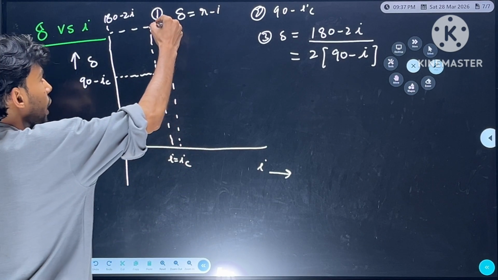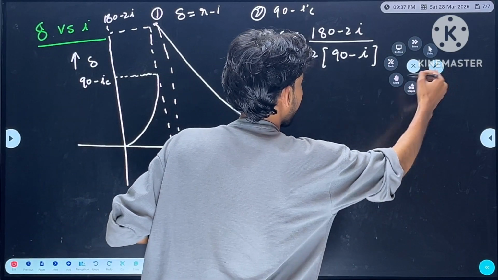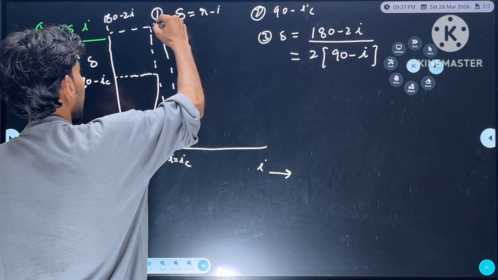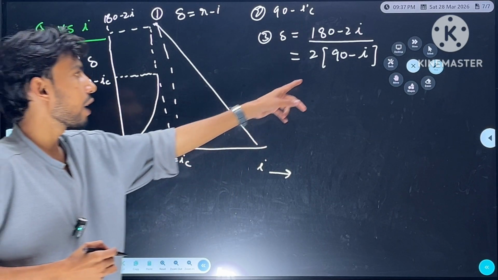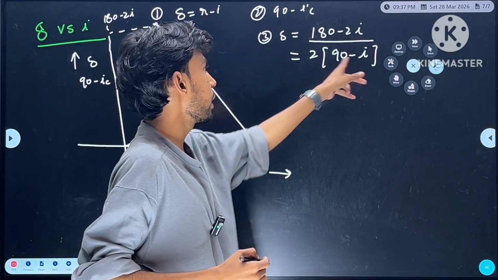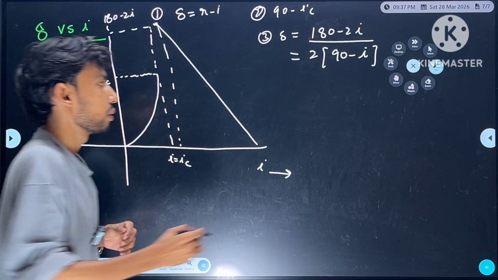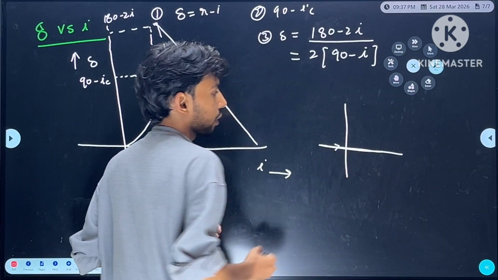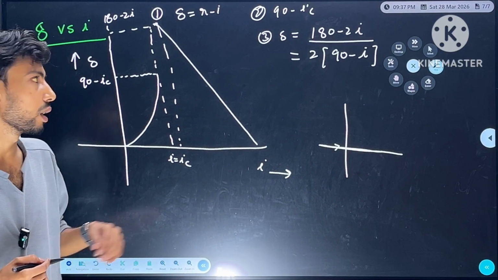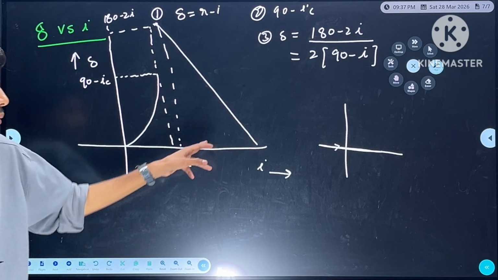So from this point, as you increase I, this delta will decrease linearly, like that. Got it? And when I approach its maximum value equal to 90, then delta will become 0. How will this light ray go? When I is equal to 90, that means the light ray is incident along the boundary. That means I is also 90, R is also 90. In that case, delta will become 0. So as I is approaching 90 degrees, delta is approaching 0.